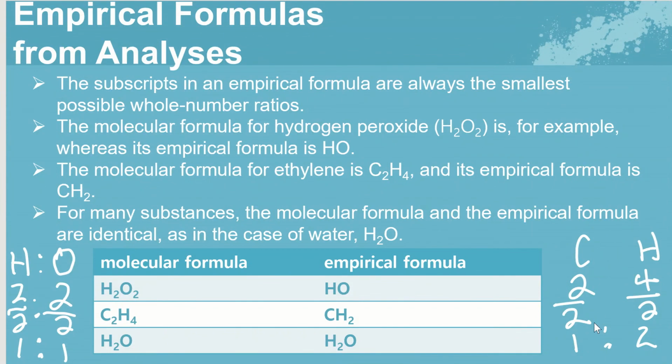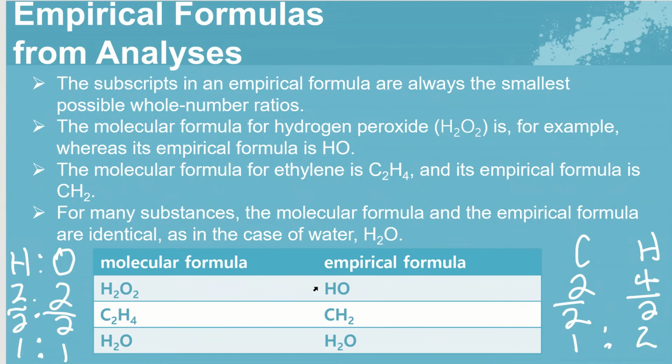So what I want to highlight over here, let's start with the hydrogen peroxide. We have 2 hydrogen and 2 oxygen. And remember, when we're doing ratios, we want to divide by the lowest of the numbers. In this case, the 2 numbers are the same, so we don't really have to use that rule. We divide through by the same number and we get a 1-to-1 ratio between hydrogen and oxygen.